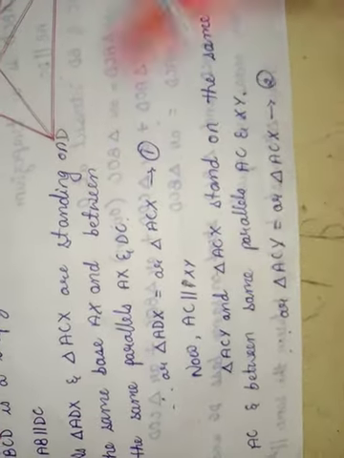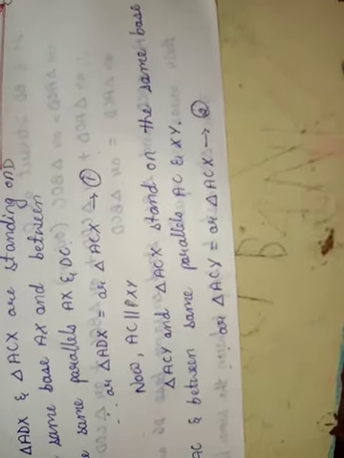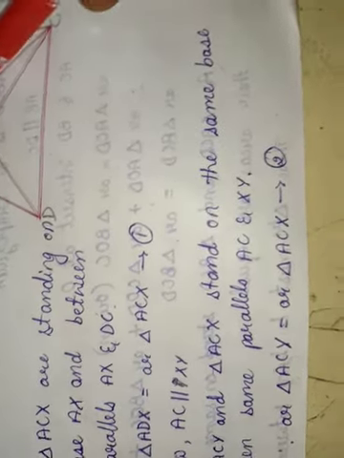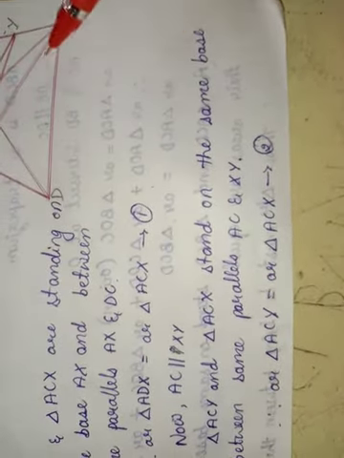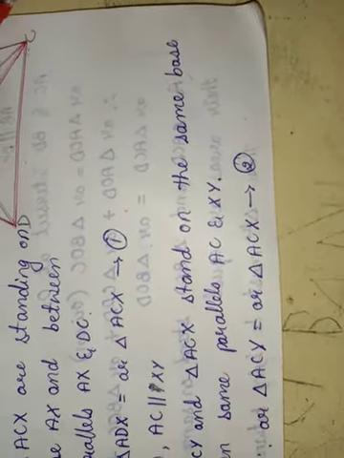Now, AC is parallel to XY. Triangles ACY and ACX stand on the same base AC and between the same parallel lines AC and XY. So, area of triangle ACY is equal to area of triangle ACX, that is 2.